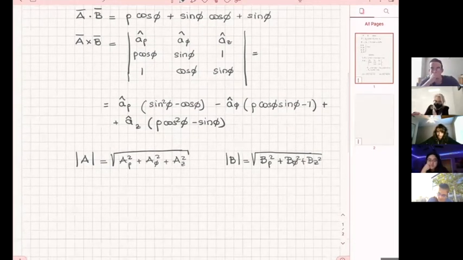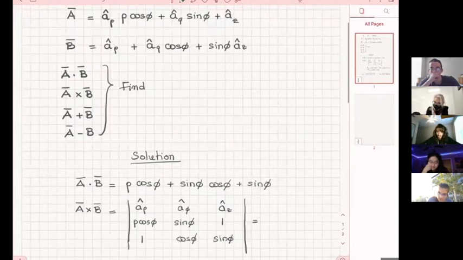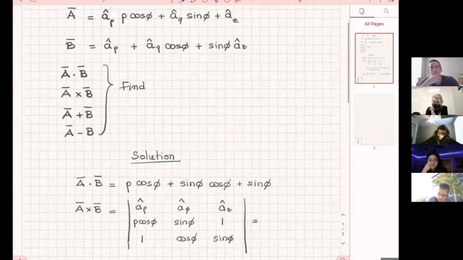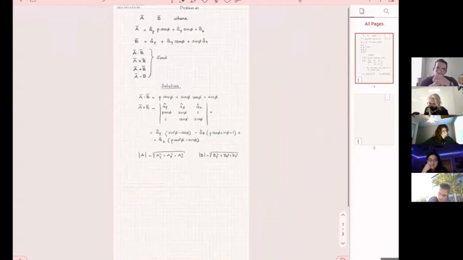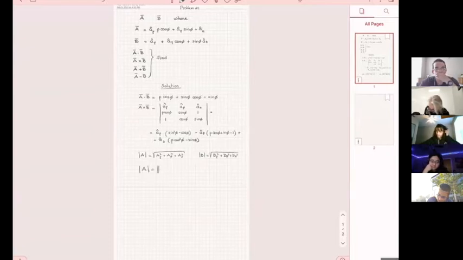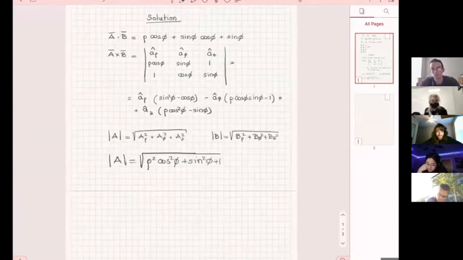Okay. So if I go and use these formulas, then magnitude, make them small for a second so I can see them. So the magnitude of A will be the square root of rho squared cosine square phi plus sine square phi plus 1. Okay? From the formula. Then how much is B?